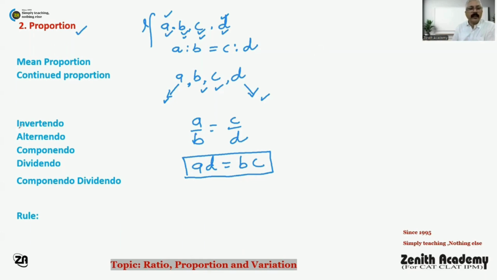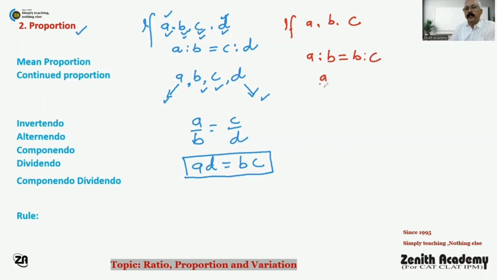Let us take three numbers A, B, C, and these three numbers A, B, C are in proportion. So if A, B, C are in proportion, then A is to B must be equal to B is to C. Right?